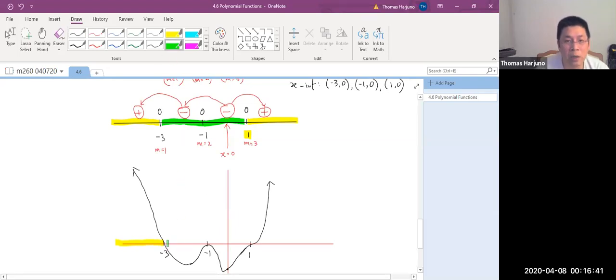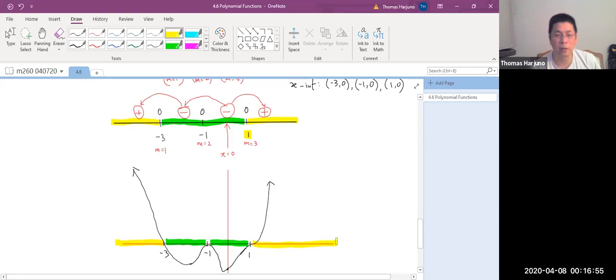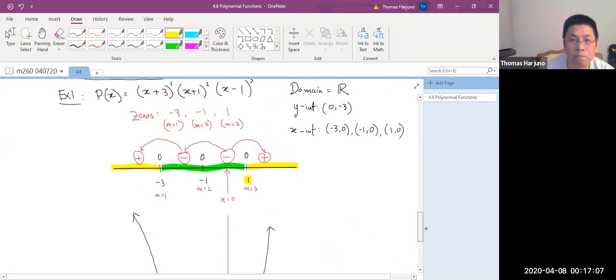So using the plus and minus, we know whether it is above or below the x-axis. If the sign graph is positive in that interval, it means it's above the x-axis. If it is below, the sign graph will show negative. Any questions?